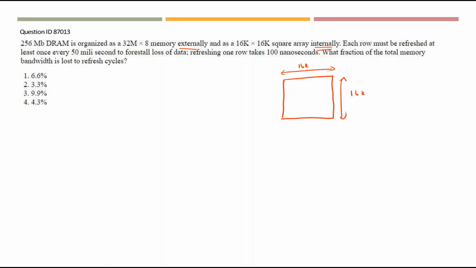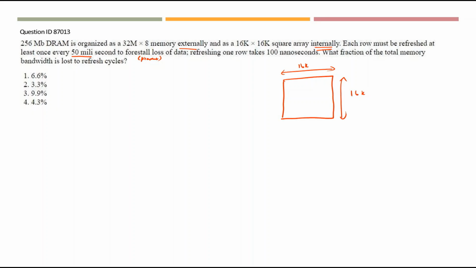Each row must be refreshed at least once every 50 milliseconds to forestall loss of data. Forestall in the sense you can take this as prevent, in order to prevent loss of data. Refreshing one row takes 100 nanoseconds. What fraction of the total memory bandwidth is lost to refresh cycles?